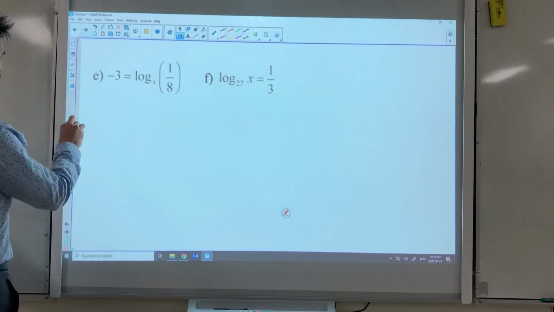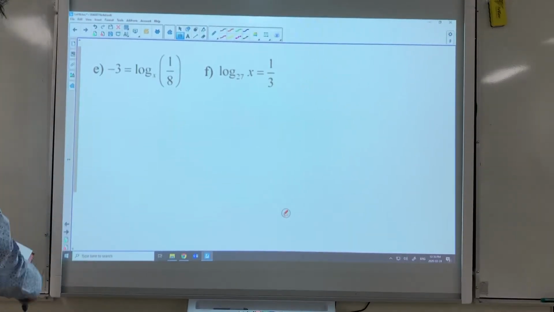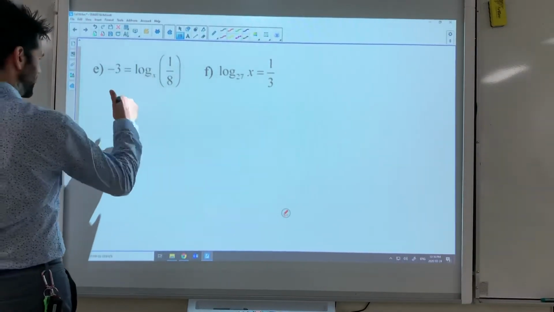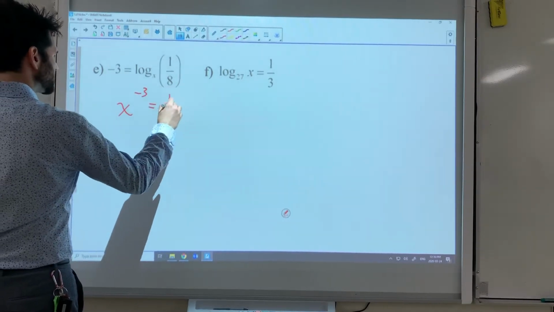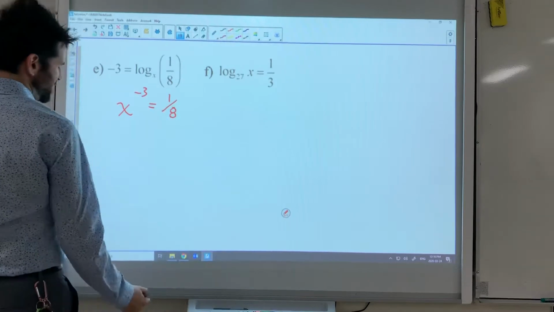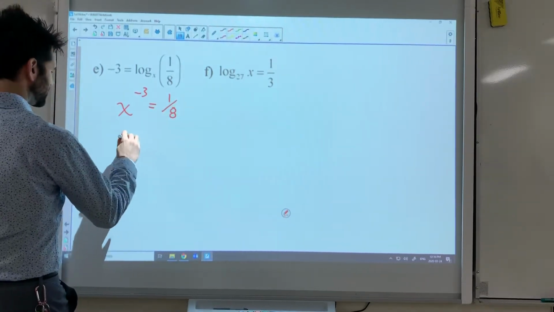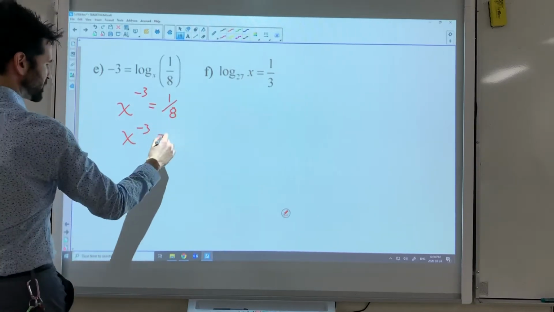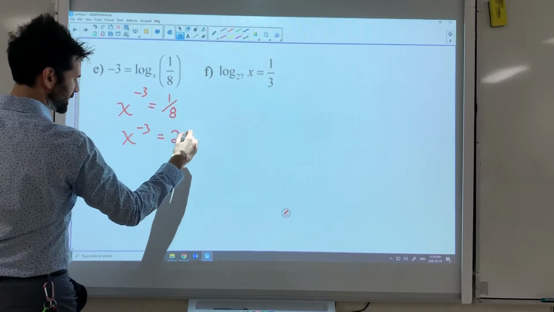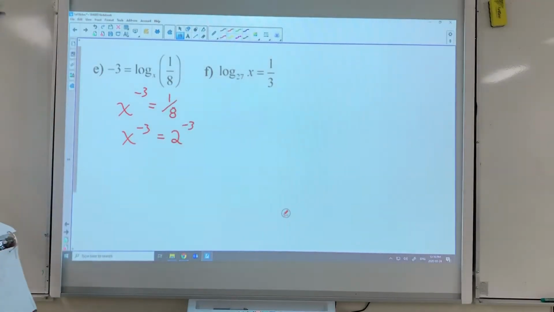This one, let's see. So this is the base, so it's x raised to the power of the answer equals the argument. So again, you could rewrite this. So if you don't already see the answer, like, oh, it's 2 to the negative 3, your only other option would be to rewrite this as something with a base of 2, right?